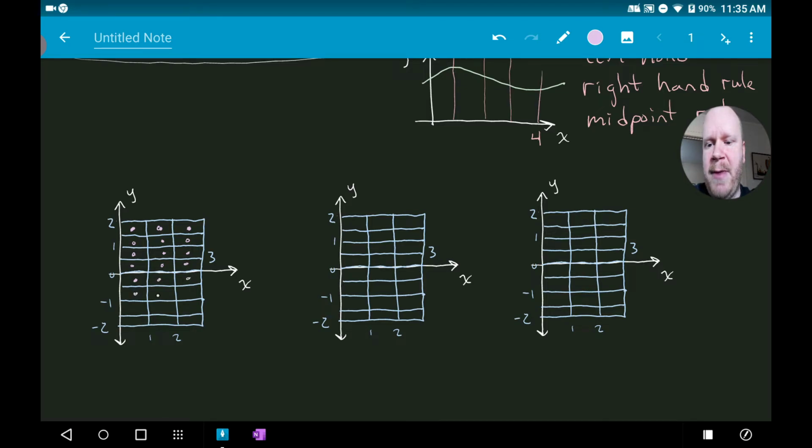So if you think about that f of xi star yj star, the values that you're going to be plugging in here, for example, this one here is going to be 1.5 and 1.5 for x, and then 3/4 for y.